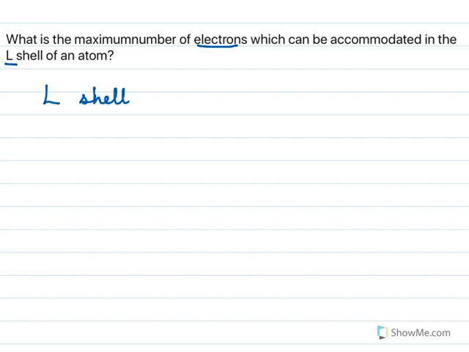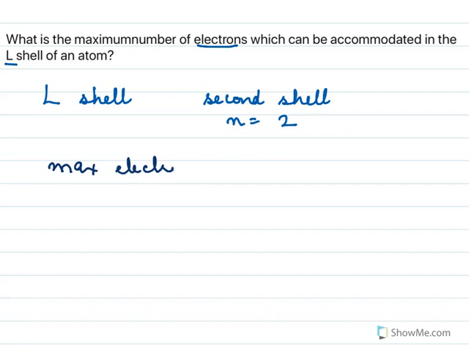Find the maximum electrons accommodated in the L shell. Now the L shell is the second shell, and because it is a second shell, n equal to 2, and we know the formula for maximum electrons is given by 2n square. So now this would be 2, your n is 2, 2 square, so it would be 8.